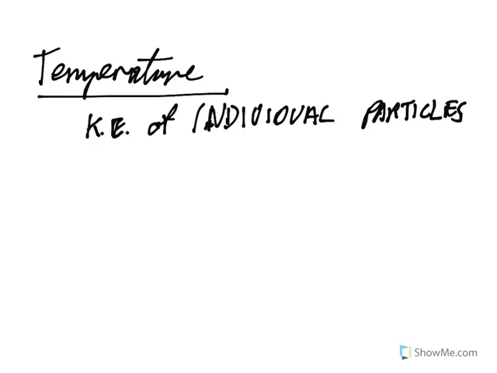Alright, so the pin had high temperature because those particles that were on the tip of it were moving around a lot. Alright, so they have high kinetic energy, and the faster they move around, the higher the temperature, the more the kinetic energy.